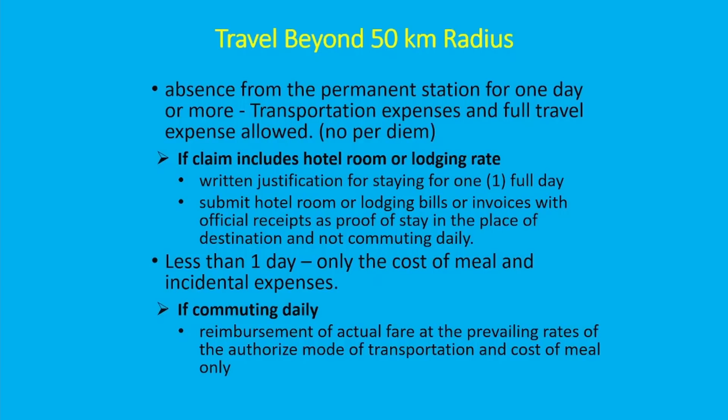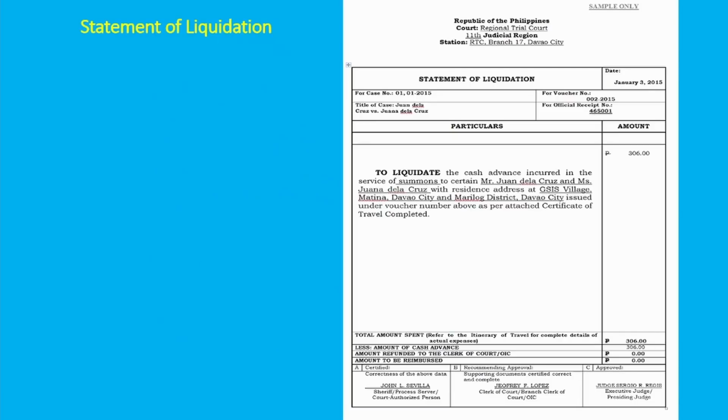If less than 1 day of travel, only the cost of meal and incidental expenses, so no hotel and lodging. If commuting daily, reimbursement of actual fare at the prevailing rates of the authorized mode of transportation and cost of the meal only. Okay? So here is the sample of the statement of liquidation.